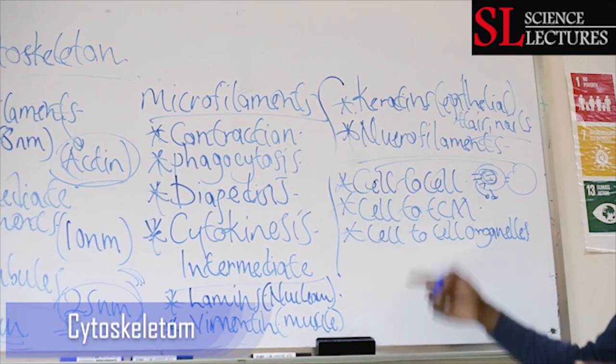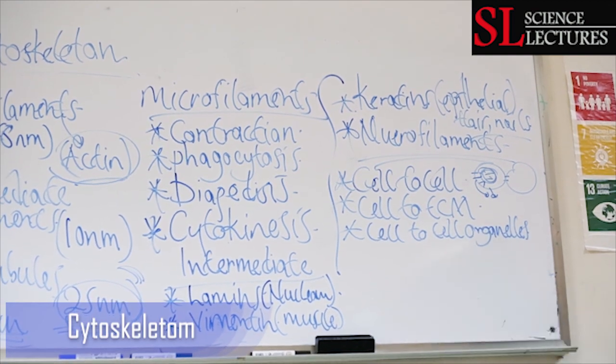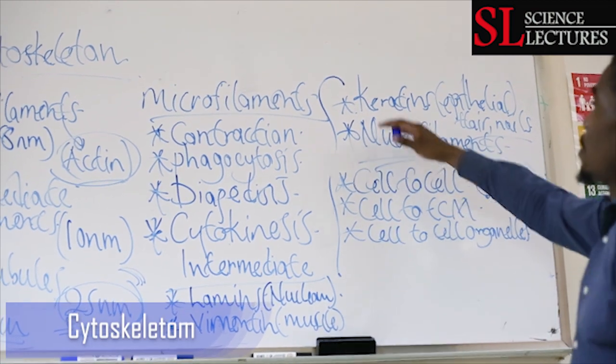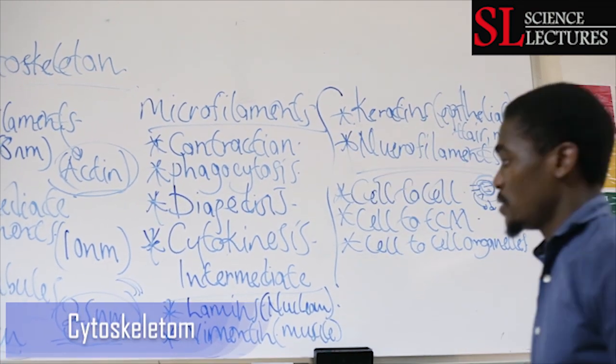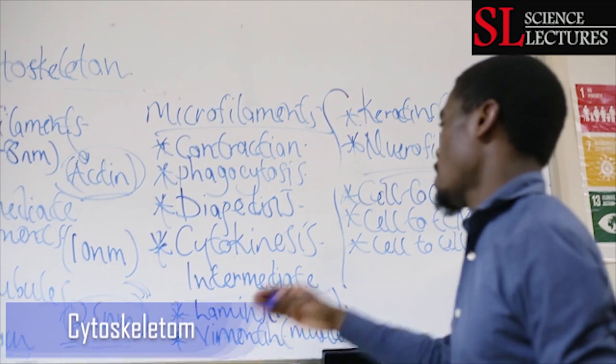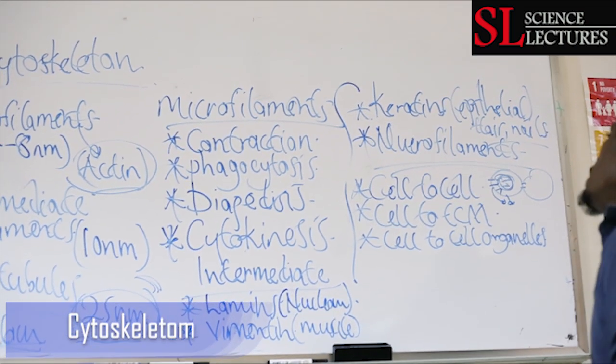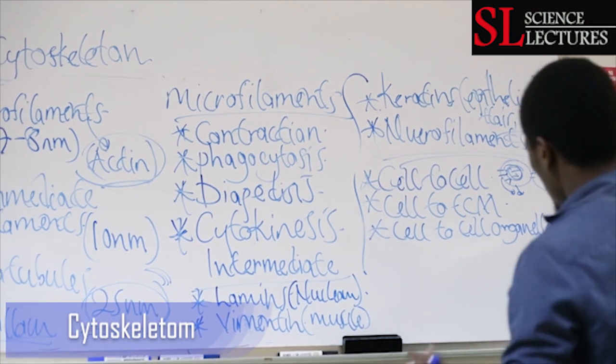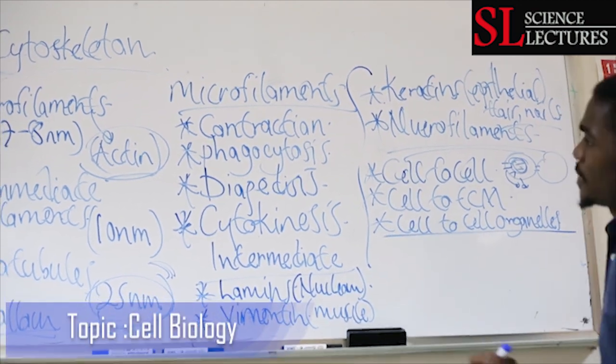So cell to extracellular matrix, cell to organelles. Examples: neurofilaments for the neurons, then the keratins, the vimentins for the muscles, and the lamins for the nuclear membrane. So that is it with the intermediate filaments.